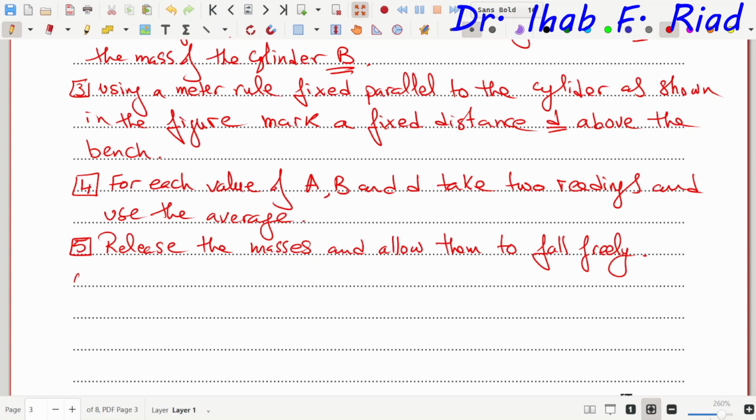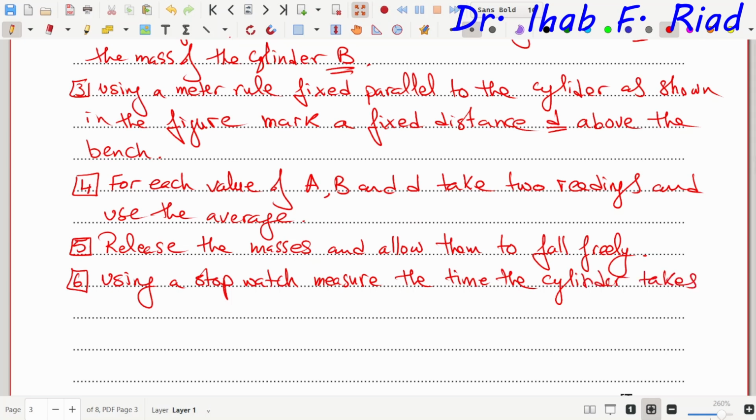Six. Using a stopwatch, measure the time the cylinder takes to fall the distance d.